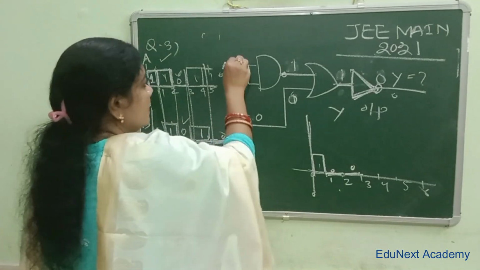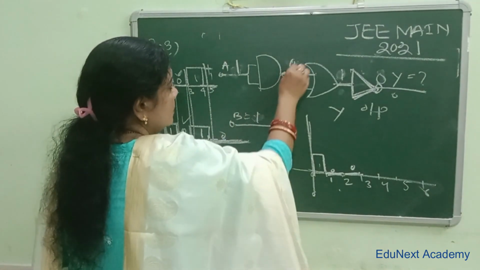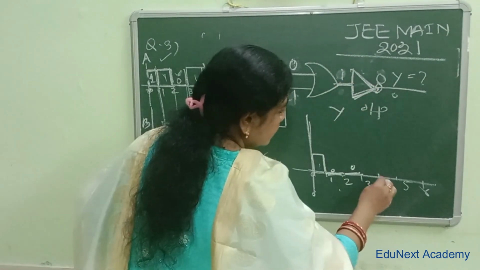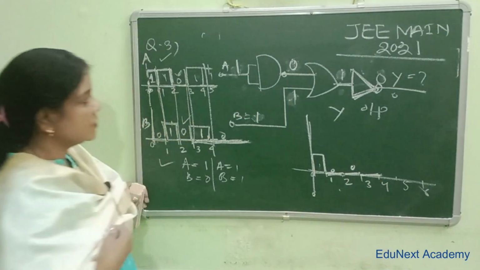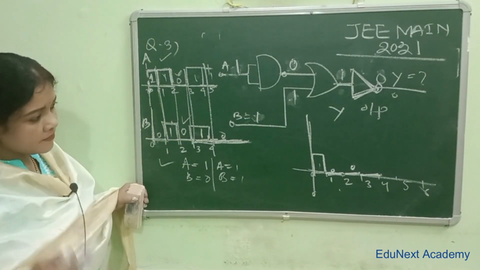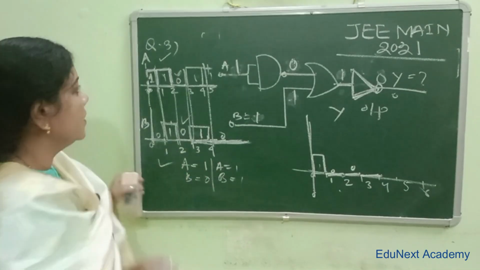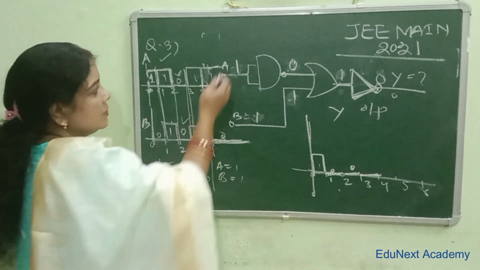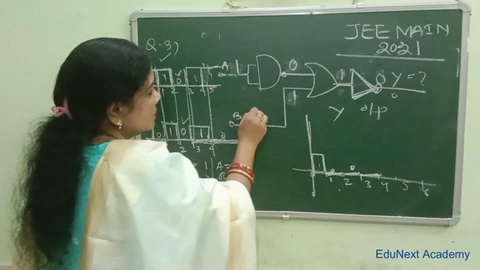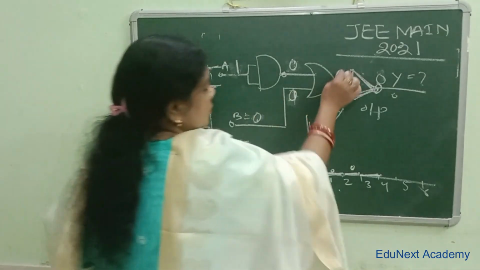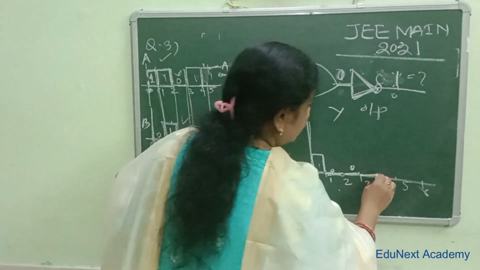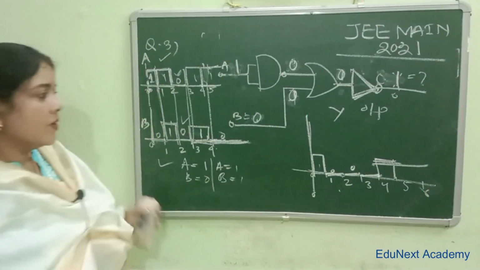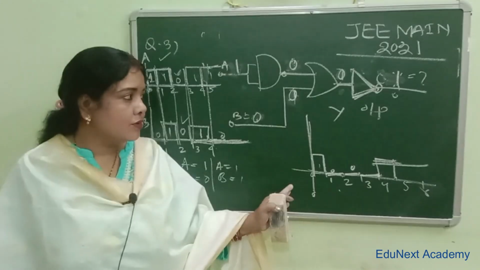If both are 1, this is 0, again this is 1, this is 1, this is 0. So 3 to 4 is also 0. Next come to 4 to 5: A is 1, B is 0, so the OR output is 1 and the NOT output is 0. So 4 to 5 it will come like this. So this is our final output graph.